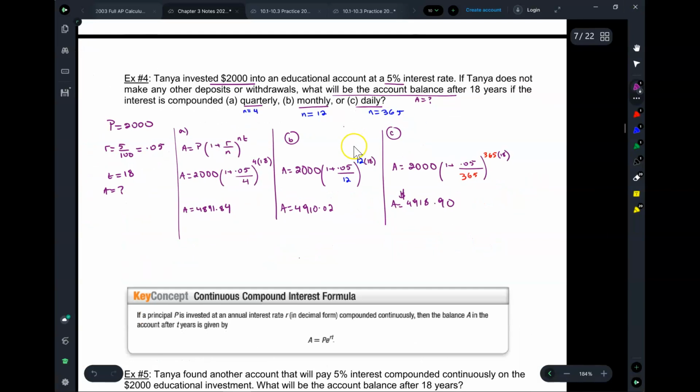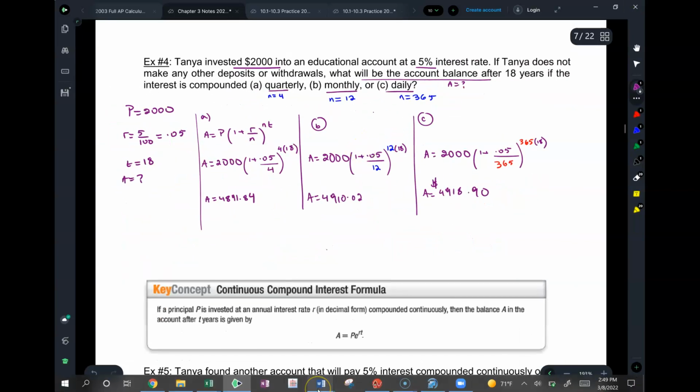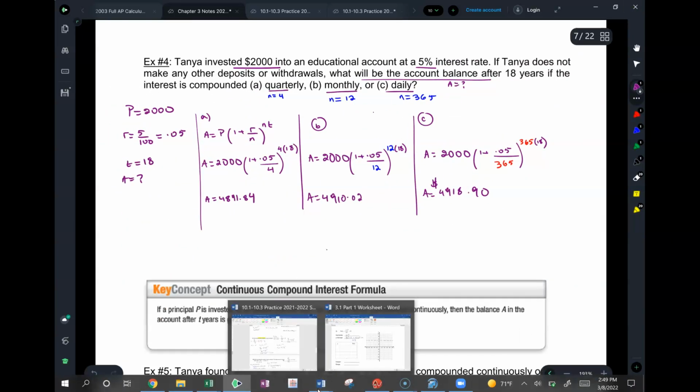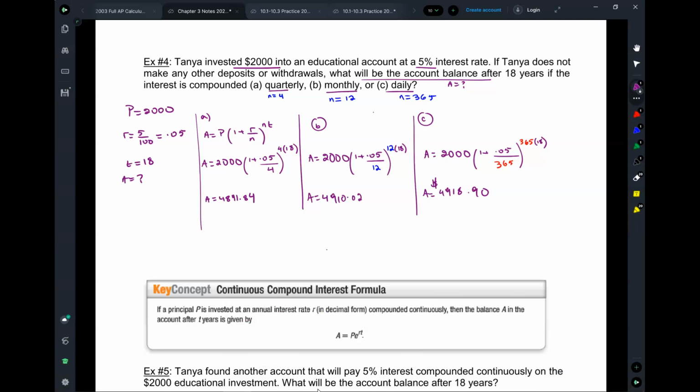Now, what if you're not paid 365, you're not paid like once a day? What if the bank said, you know what, we're going to pay you continuously? So like every nanosecond. Hey, so let's do that later so you don't miss this. I promise I'll help you with the calculator in a bit, okay? So what if the bank said, I'm going to pay you every nanosecond of every day?